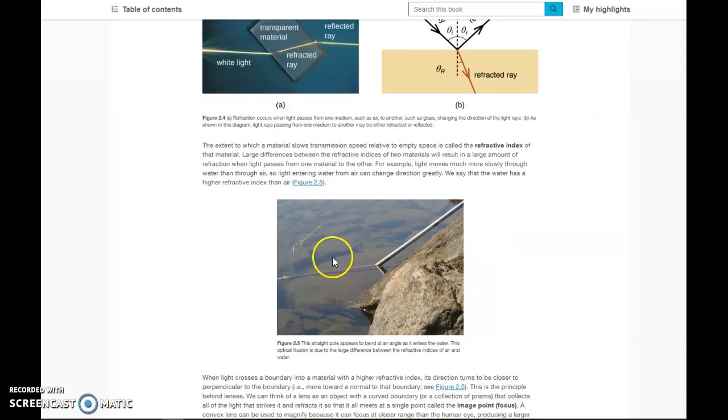And here's the image of this. This is a pole that has been put into the water, and you see that it appears bent. This is because of that refractive index. The refractive index of water is much higher than air, so we get this optical illusion that this rod or pole is bent when we know that it's not.